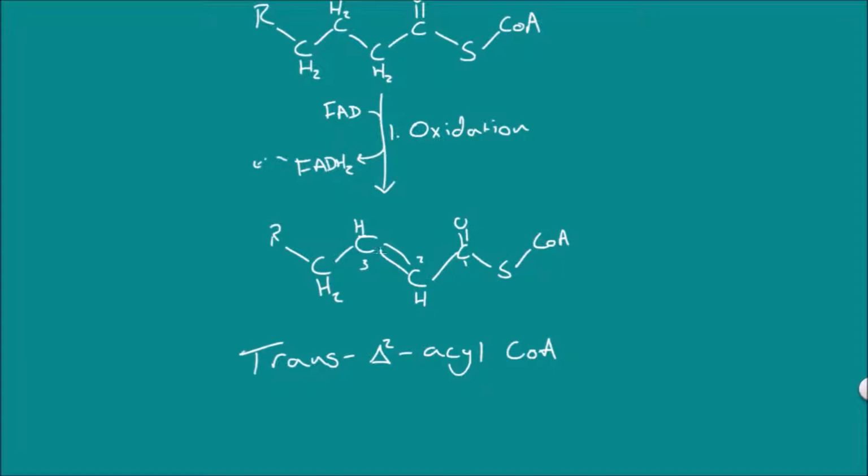So that makes that carbon 2 and that carbon 3. It's trans because the hydrogen on each carbon are on opposite sides of the double bond. If they're on the same side, then it would be cis delta 2 acyl coenzyme A, because cis is short for cisamin, which is German for same. But you don't really need to regard that. Just remember that these hydrogens are on opposite sides, trans delta 2 acyl coenzyme A.